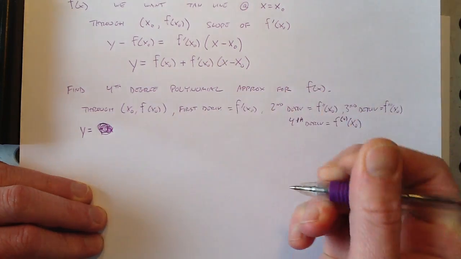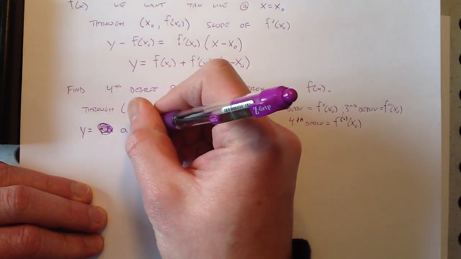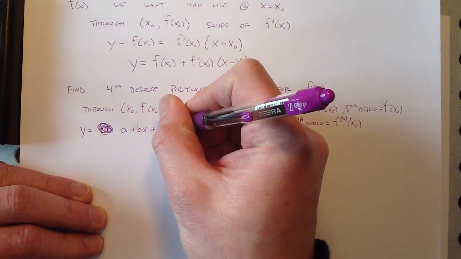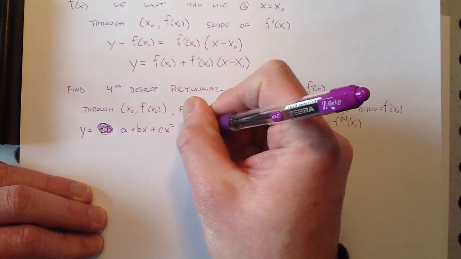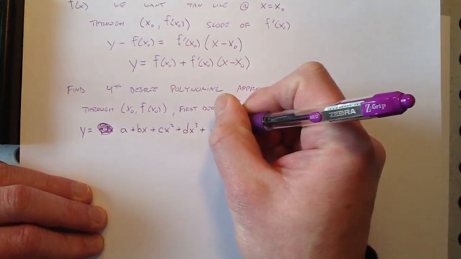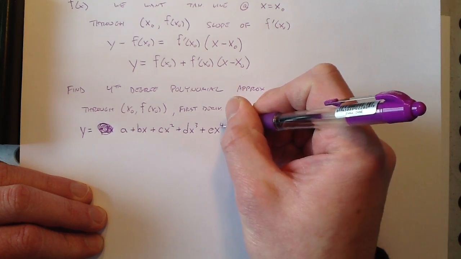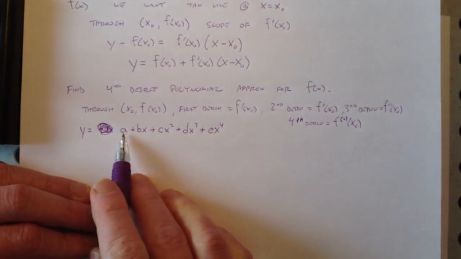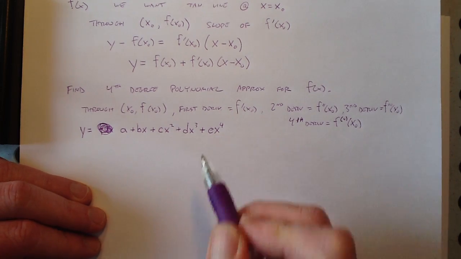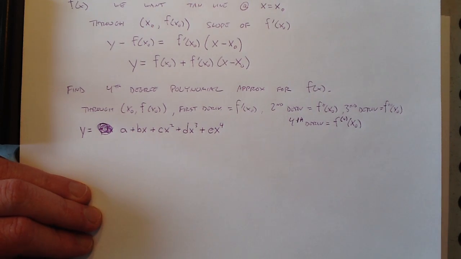We know that it's going to be a 4th degree polynomial, so that will be some number a plus bx plus cx squared plus dx cubed plus ex to the fourth. The e is not to be confused with Euler's constant. That's just the letter e because I'm going A, B, C, D, E, right? Not 2.71828, etc. It's just the letter e. Okay, we know that it needs to look like this.